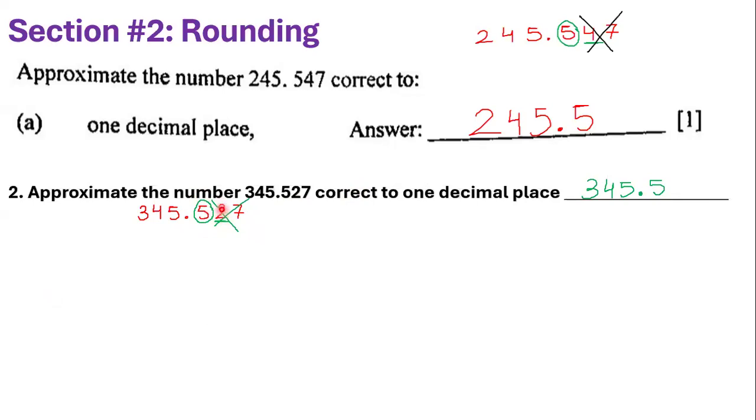So do we round up or does it stay the same? So that's the rule. If it's greater than 5, you add 1 to 5. If it's less than 5, it stays the same. So that means that 5 stays the same, nothing changed with that. And we eliminate the back numbers. All right. That makes sense? Yes, sir. Okay, so 345.5.